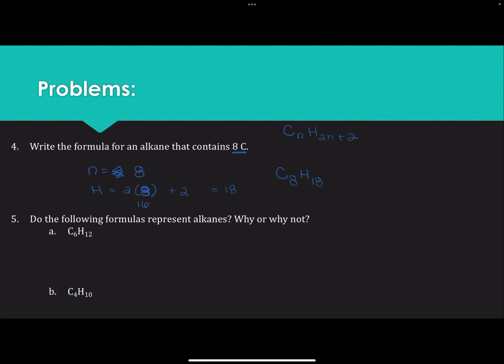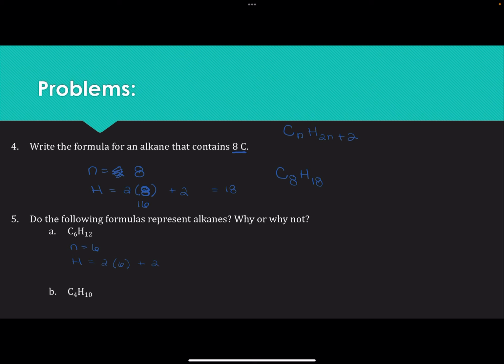Now, for our next problem, we're taking a look to see if the formulas that are provided represent alkanes, and we're going to determine why or why not. If we look at C6H12, here I have an n value of 6. Again, we're looking to see if we have the appropriate number of hydrogens. My hydrogen should always be 2 times my number of carbons plus 2.